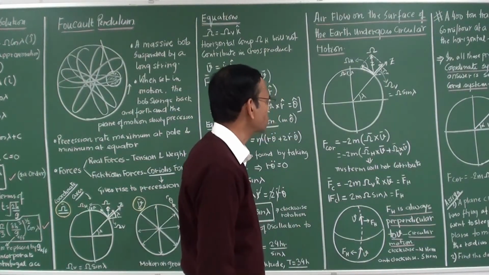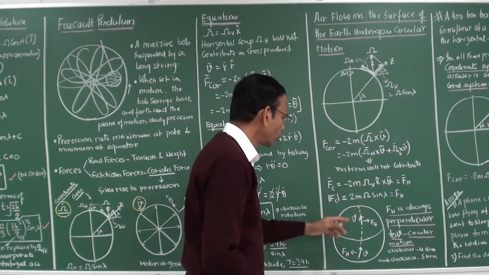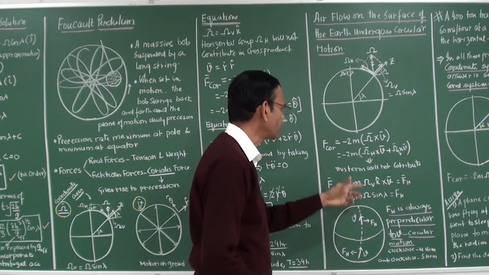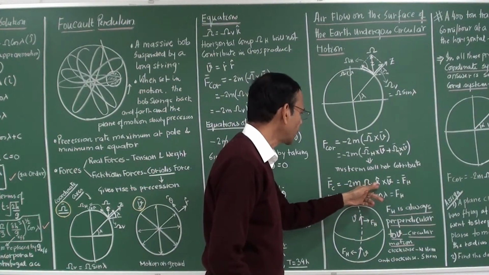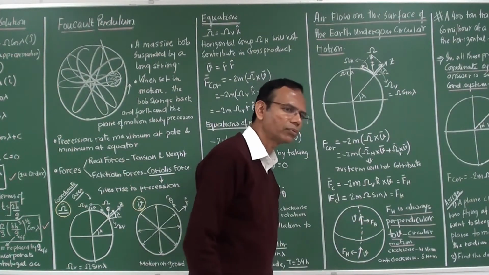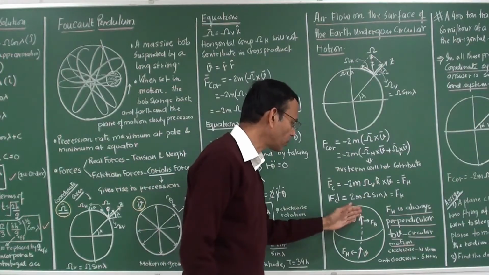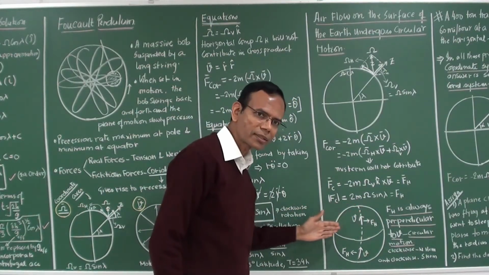Omega v cross v. Omega v is vertical. So vertical cross v, if you do it, omega v k cross v is f h. Now f h will be in a direction which is perpendicular to the velocity, on the surface of the earth itself.